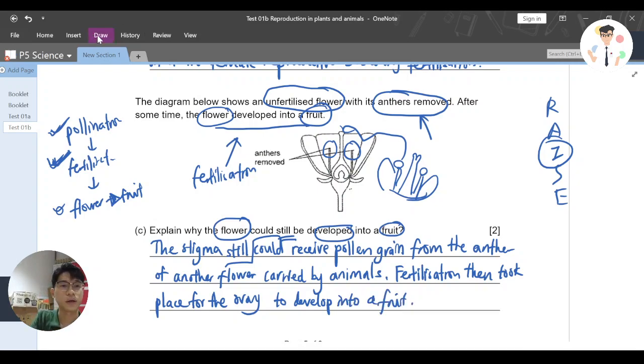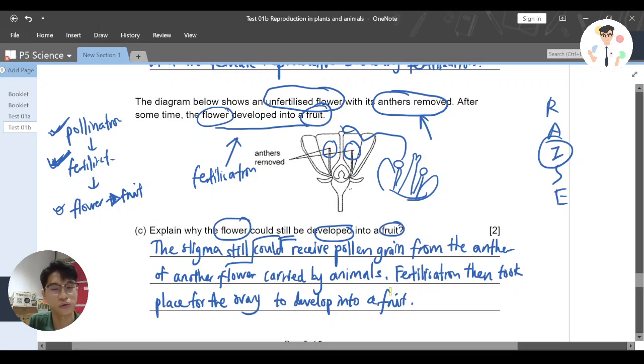Now, the reason I need to mention developing into a fruit is because of the word ovary here. I need to be specific, because the question just says the flower develops into a fruit, but they didn't specify that the ovary is the one that actually becomes the flesh of the fruit. So it's good for you to mention the ovary also. But I feel that the most important thing is that fertilization must be explained.